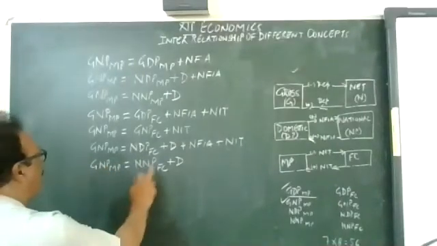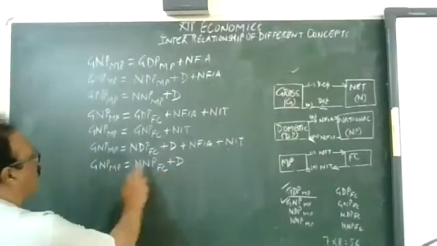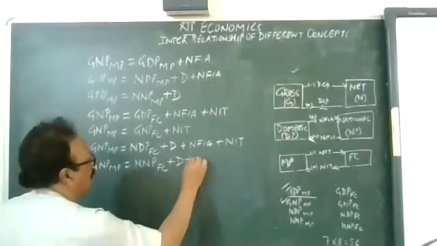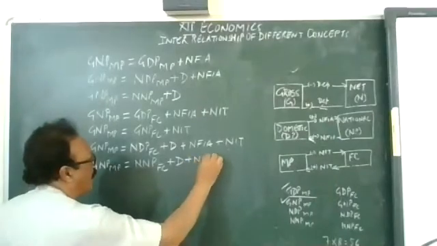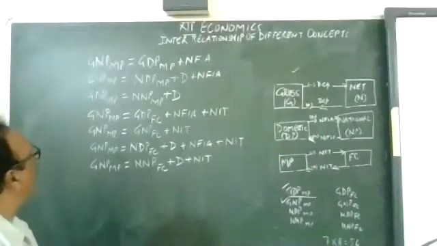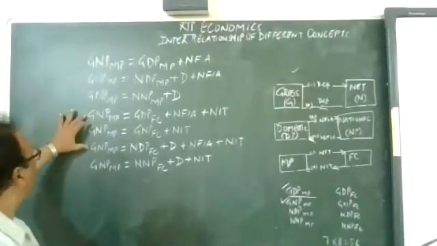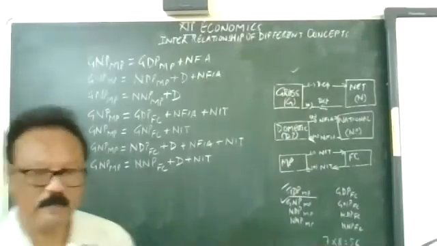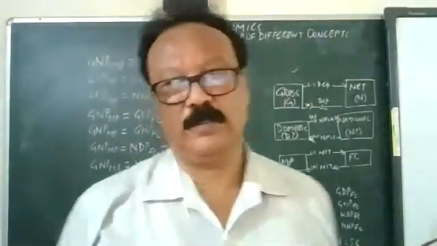National, everything else is the same. Factor cost to market price, plus NIT. How many are there? 3, 6, 7. So far, how many formulas have you got? 14 formulas.